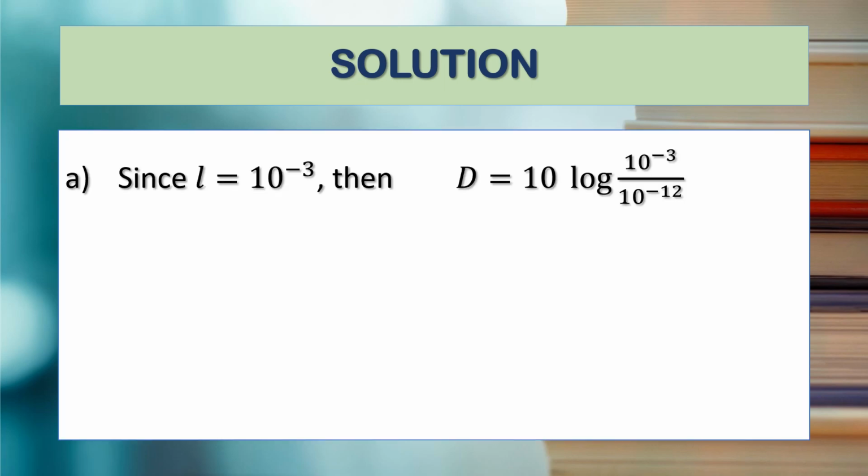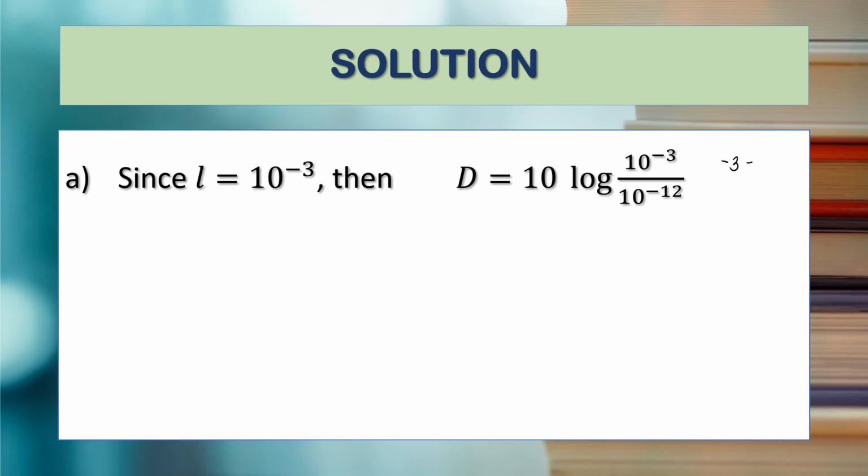Since the given L is equivalent to 10 raised to negative 3 watts per square meter, then substituting this value in our formula, D is equal to 10 times the log of 10 raised to negative 3 over 10 raised to negative 12. Now, applying the rules of exponent on quotient, we are going to subtract the exponent of the denominator from the numerator.